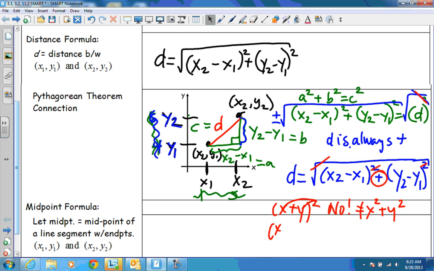It equals x plus y times x plus y. And if you FOILed, you would get x squared plus 2xy plus y squared. Are these the same? No. You cannot distribute any kind of exponent, and a square root is an exponent of a half, when you have addition or subtraction. So you cannot distribute. You have to leave it with the square root and with the squares.